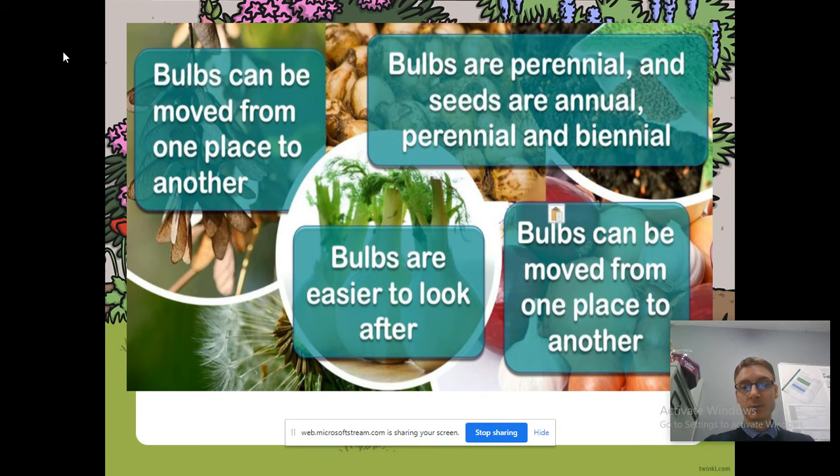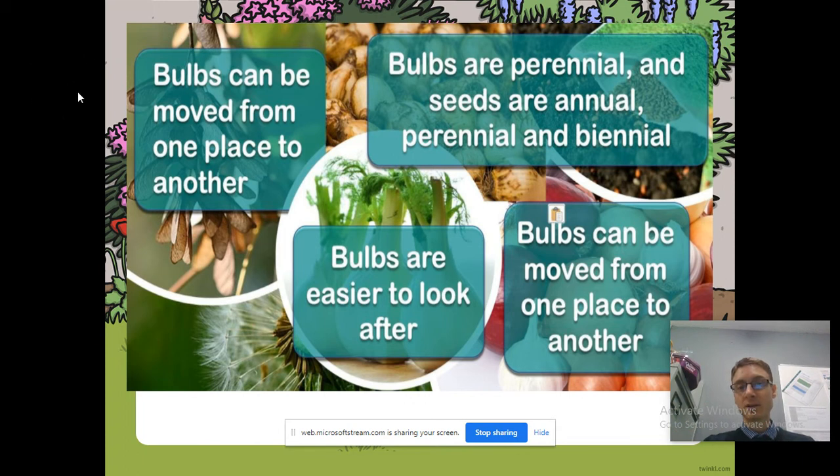Right, I'm going to talk now in a bit more detail about bulbs and seeds. Here it says on the PowerPoint that bulbs can be moved from one place to another. So you can actually take them out of the ground and then replant them in another. So they're quite versatile in that sense. Bulbs are perennial and seeds are annual, perennial and biennial.